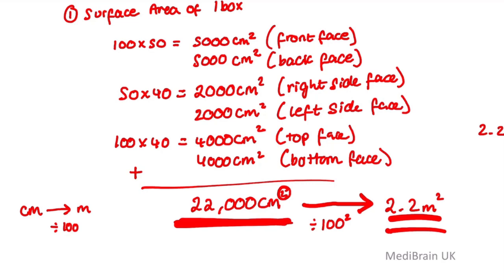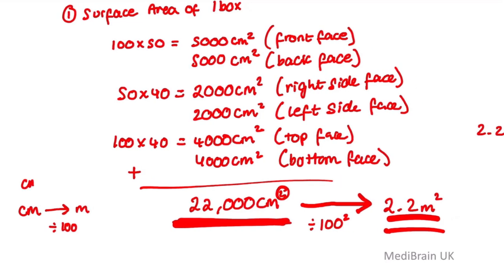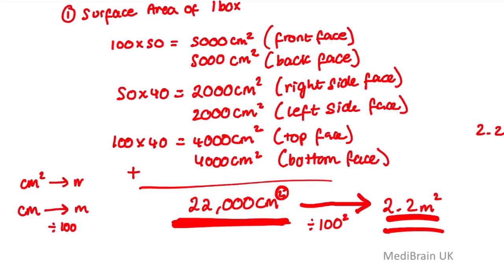Okay, we're converting from centimeters squared to meters squared, not from centimeters to meters. So this time, you're not going to divide by 100, you're going to divide by 100 squared, because everything is squared.